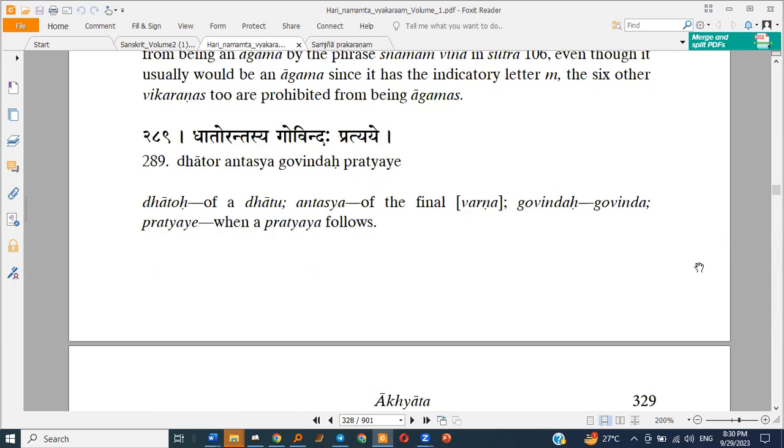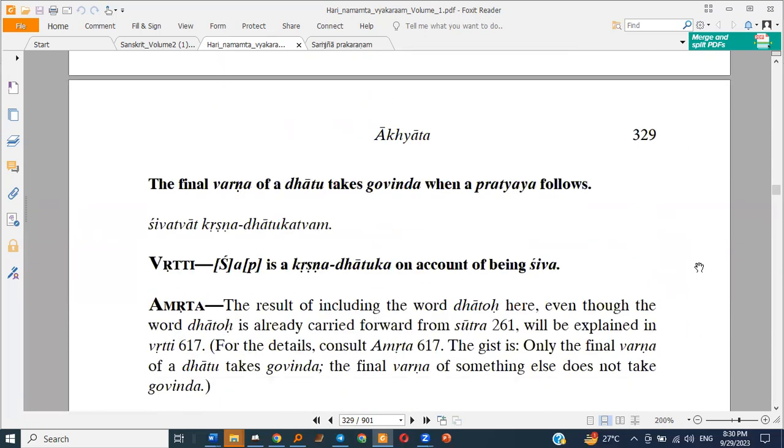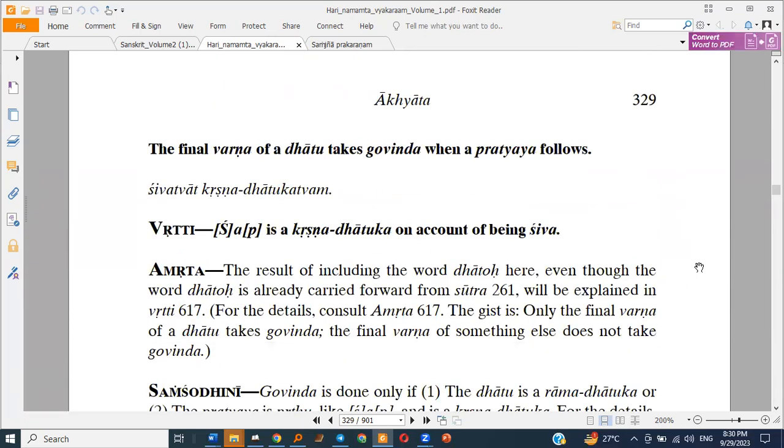Dhaturantasya Guna Pratyaye. The final varna of a dhatu takes Guna when a pratyaya follows. Now, the final varna of a dhatu, we have U, which ends with U, right? So that U can take a Guna when any pratyaya follows.